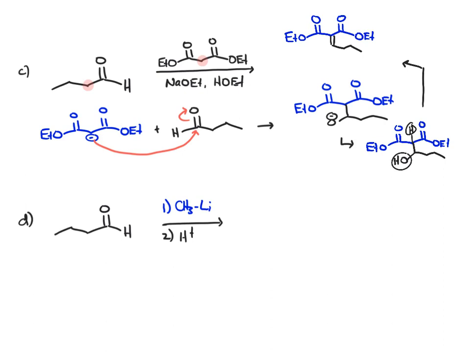In D, we're using methyl lithium, and that is a good nucleophile. So the way you want to think about this is CH3 minus, and the nucleophile can add directly to the aldehyde carbonyl.